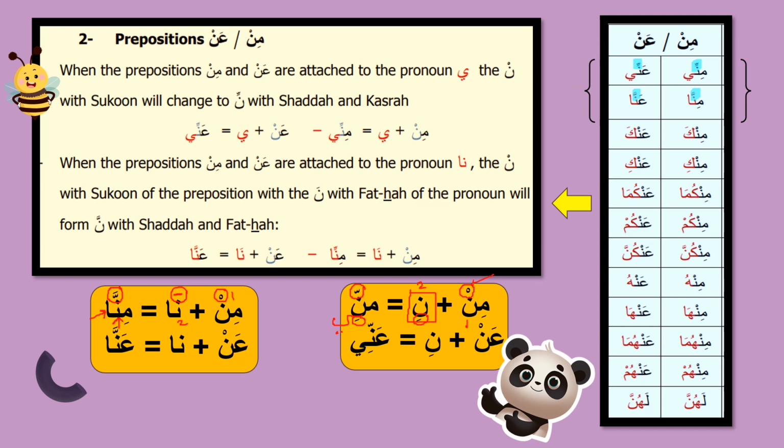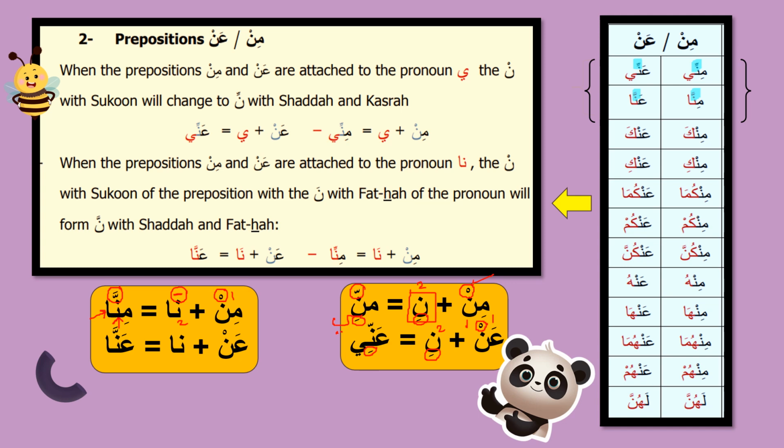And now we come to the harf jar an, and it's the same rule. You can see there is a sukoon. The first noon is with the sukoon and the second noon is with the kasra, and both of them get overlapped, and now it came with anni. Now the noon came with the shadda and the kasra, and it became anni.